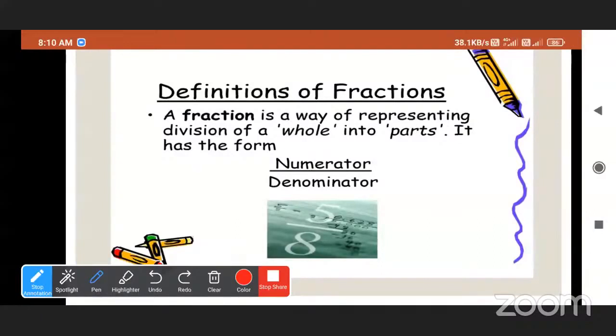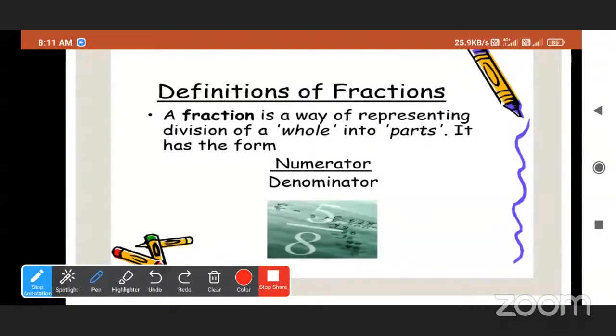So here fraction means it is the way of representing division of a whole into parts. Means this is a division only. 5 upon 8 means it is 5 divided by 8. Means the total parts are 8 and colored parts are 5.